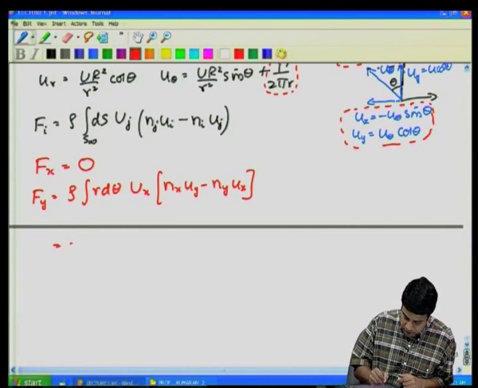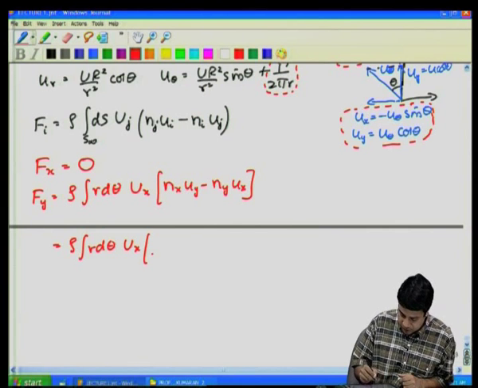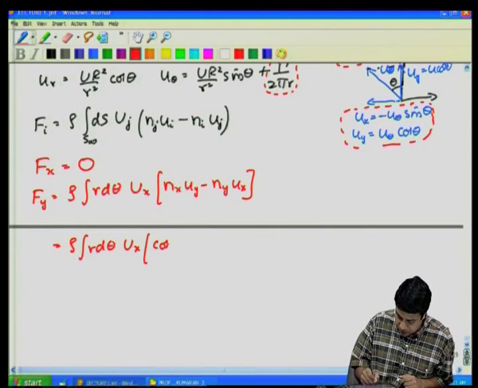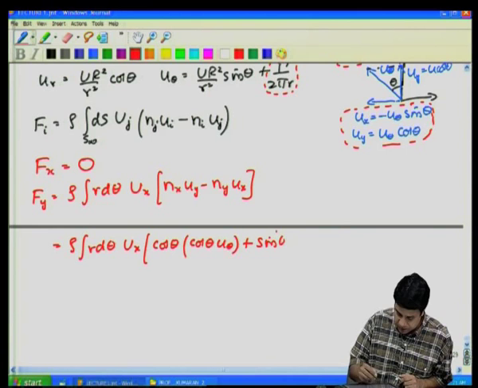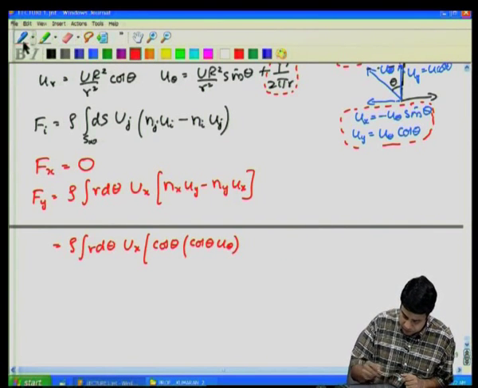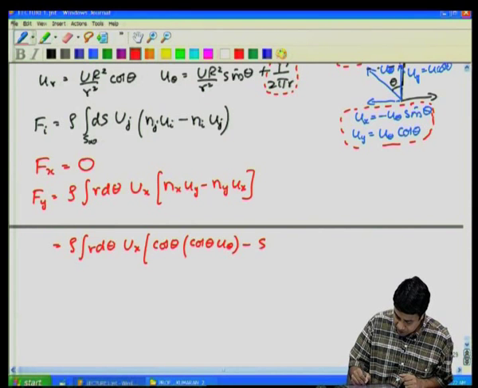So, this will give me rho times integral r d theta u x. n x is cos theta into u y is cos theta u theta, plus n y is sin theta into u x is minus sin theta u theta.